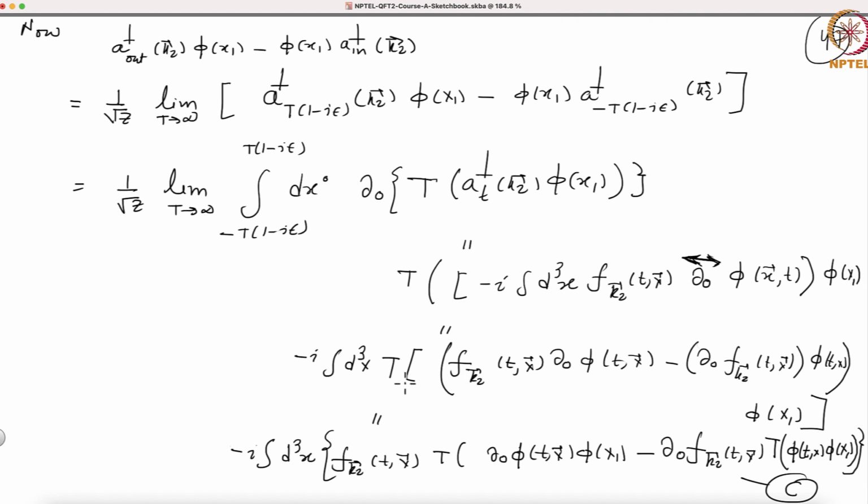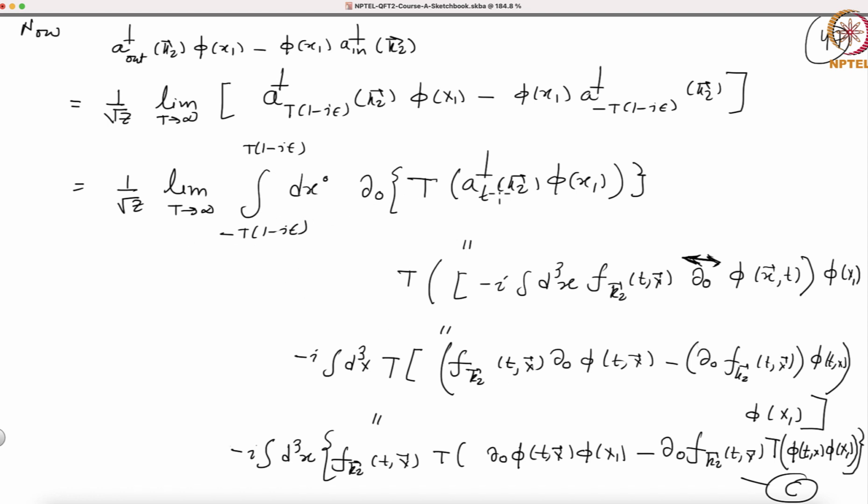So we had eventually arrived at this expression: minus i integral d cube x f k2 time ordered product of, some brackets are not very properly placed. Let me see. This phi x1. Okay, so I'll just look at my notes, that will be easier.